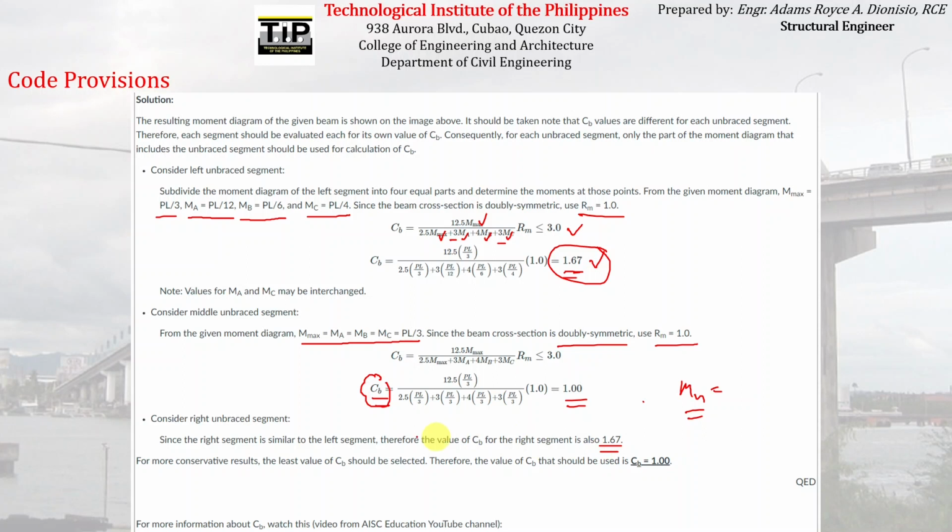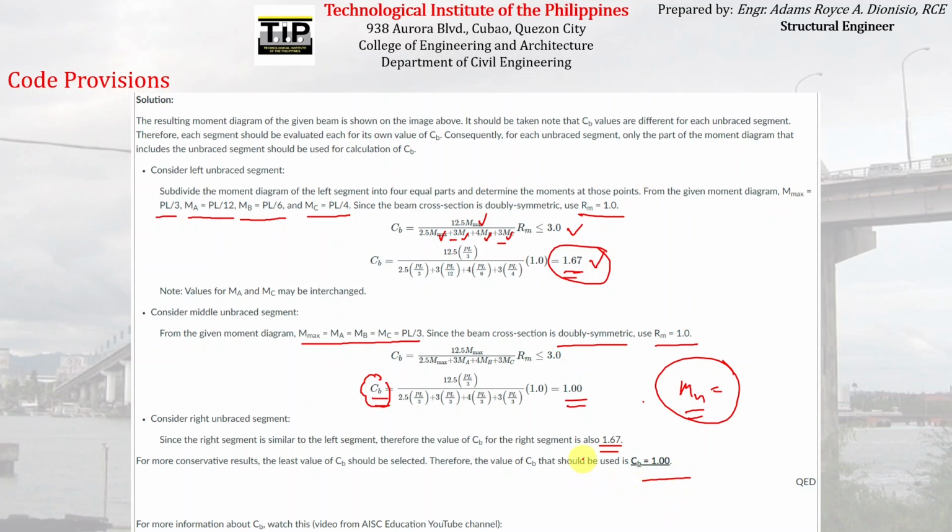Okay, so for these values of Cb, the LTB modification factors that we have computed, the Cb that we have to use for the computation of Mn is the least value, which is equal to 1.